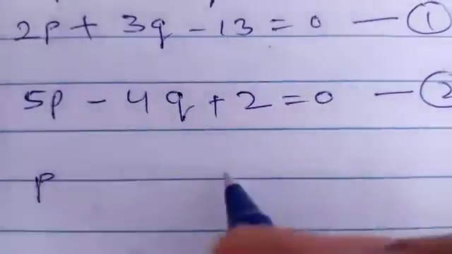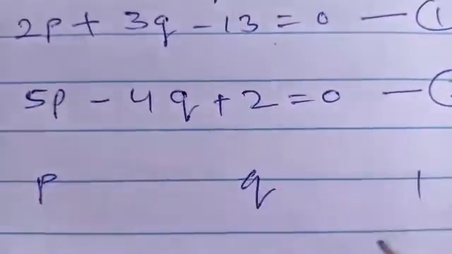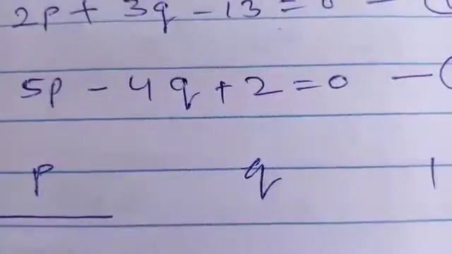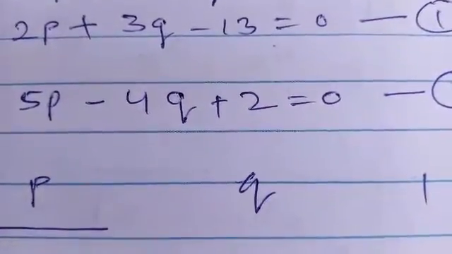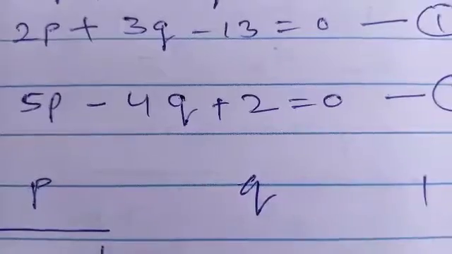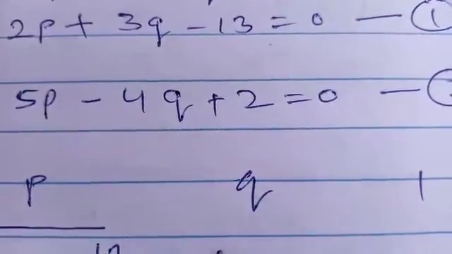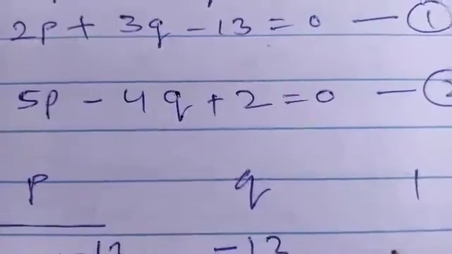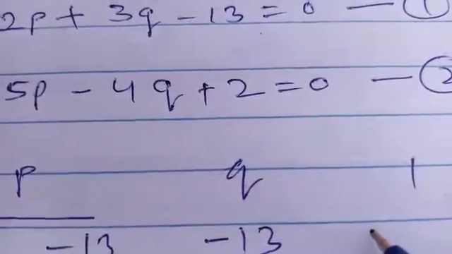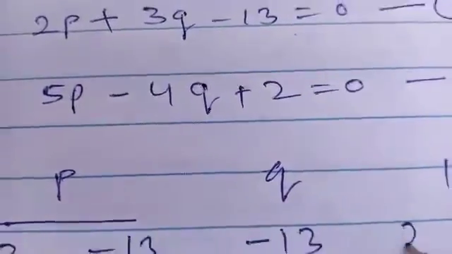So p, q and 1. Taking the coefficients of q: 3, -4, then -13 and 2, and -13 again to repeat. The coefficients of p are 2 and 5 here.